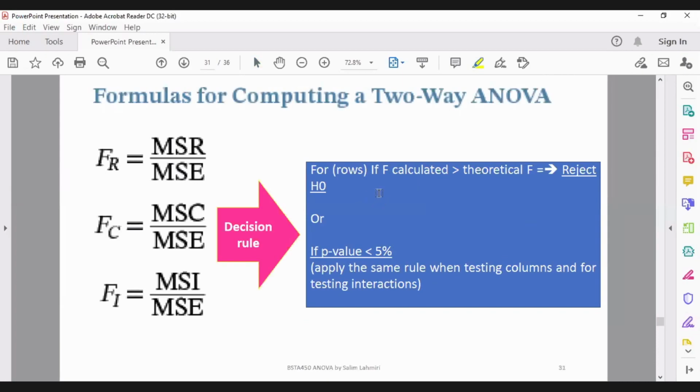For rows, if F calculated is larger than theoretical F, or if the p-value is less than 5%, then reject H0 and accept alternative H1.